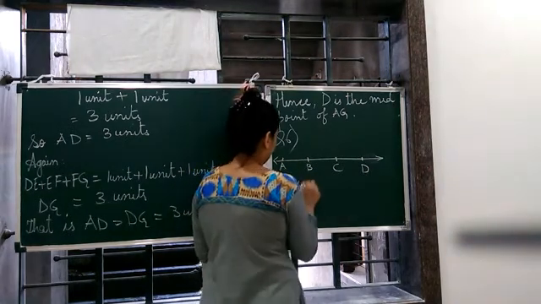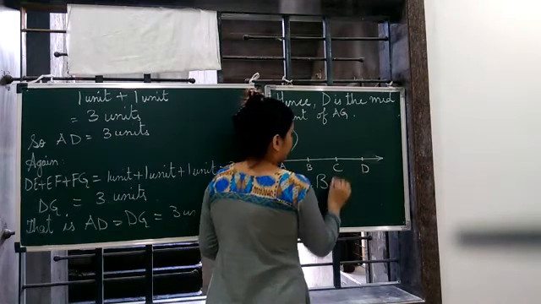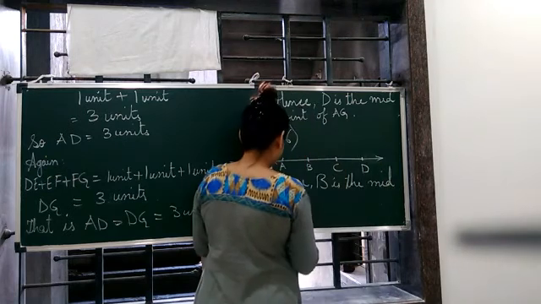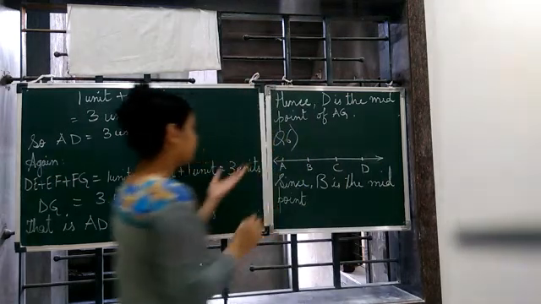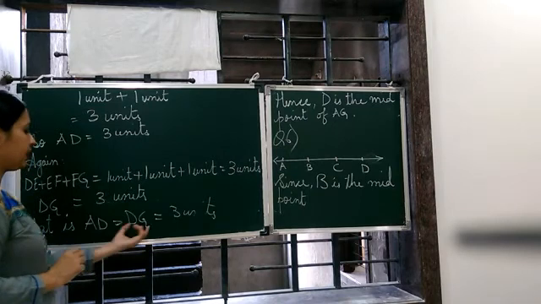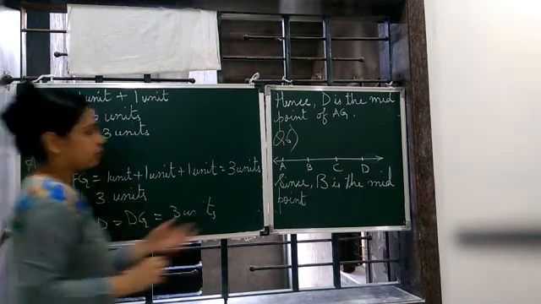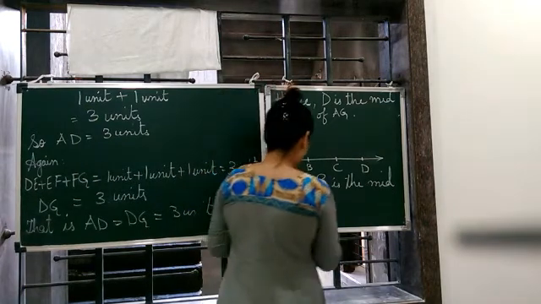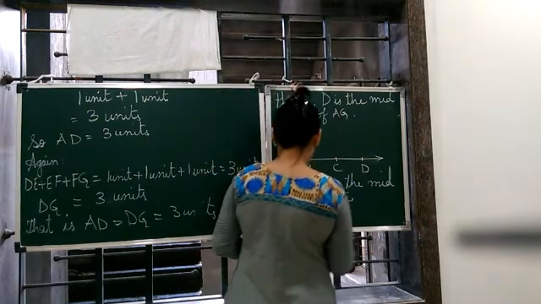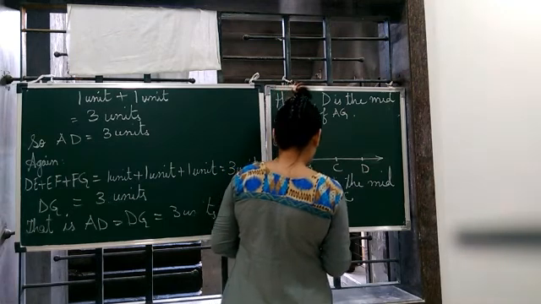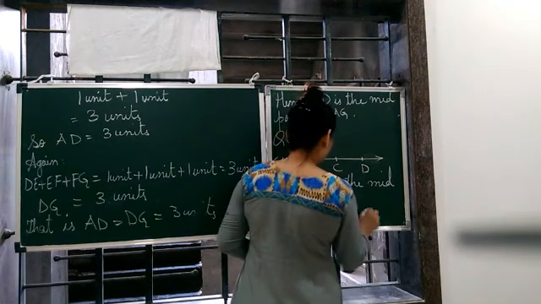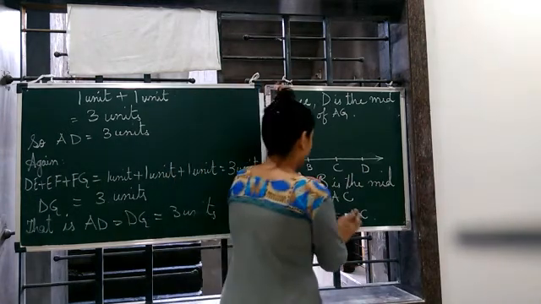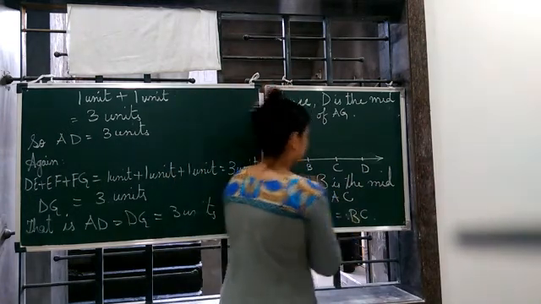So, since B is the midpoint, because we proved here just now, when these two are equal, that means B is the midpoint. So here since B is the midpoint of AC, that means these two are equal. AB is equal to BC. Correct?